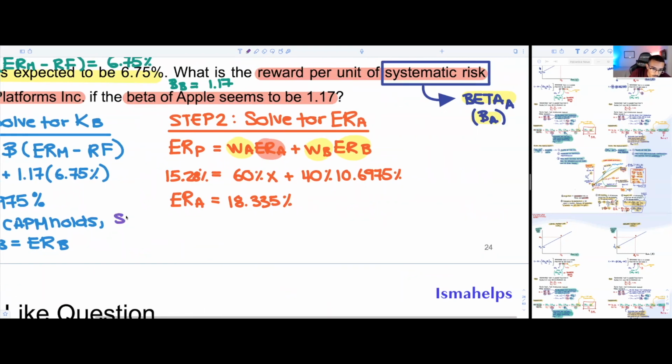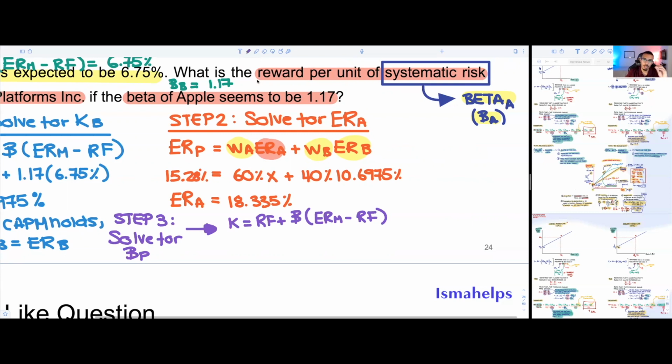Step 3, in purple: solve for the beta of our portfolio. Now we know this by now. We know that K is equal to the risk-free rate plus beta times (ERM minus RF).